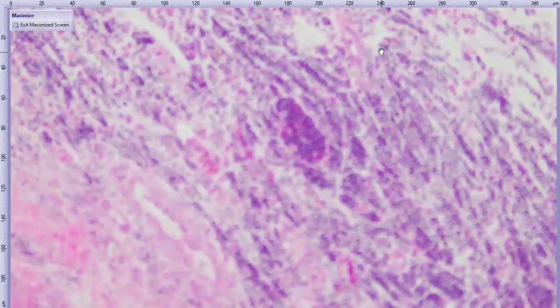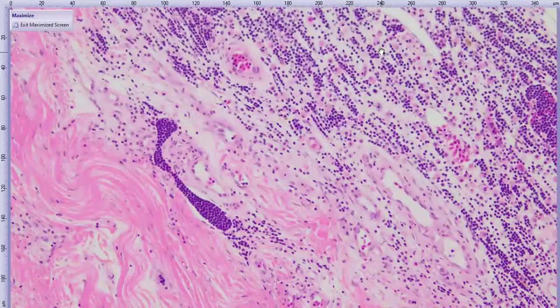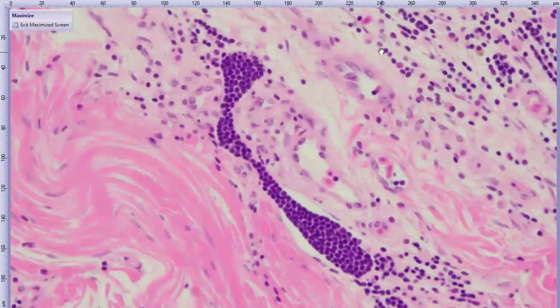Maybe that area isn't convincing. Hang on, I'll show you. Seems reasonable. So there's a lot of them circulating in the blood, apparently, and maybe draining through lymphatics. And there's a sheet-like monotypic population. So we refer to this as a monotypic lymphoproliferative population.